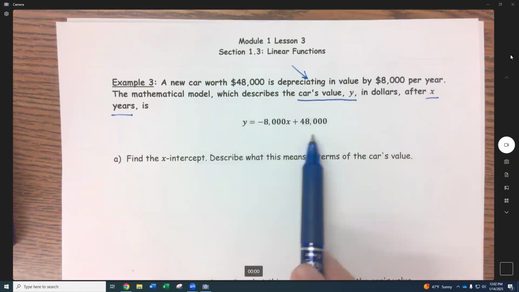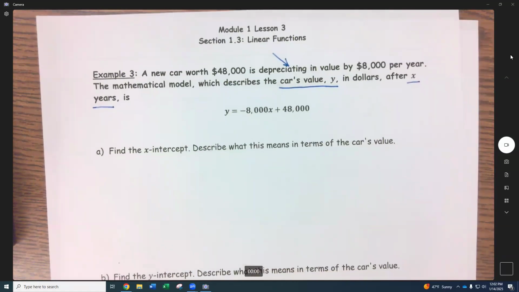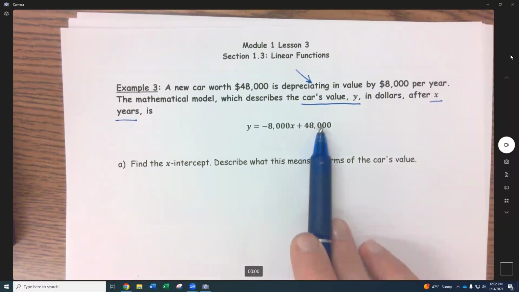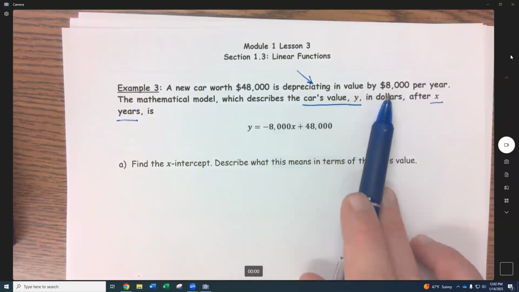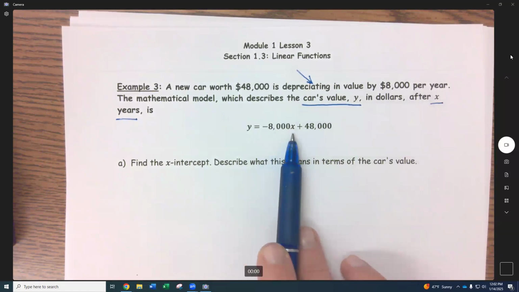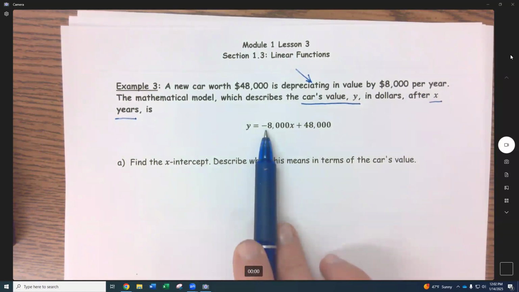Is, and so here is my equation. So this should make sense. I bought the car for $48,000. So that's my starting value. Because it is decreasing by $8,000 per year, that means multiply. So we have 8,000x, and depreciation means we have a negative slope.